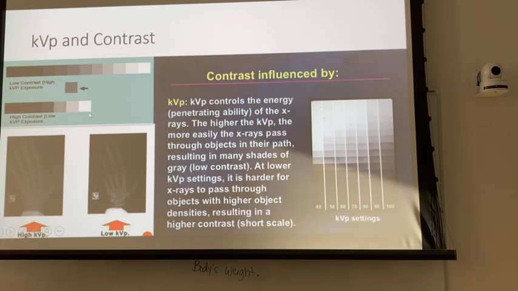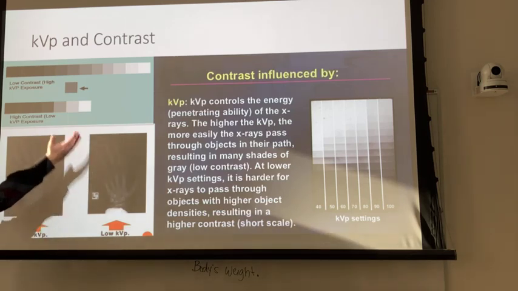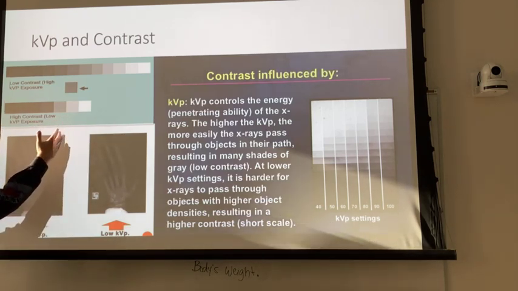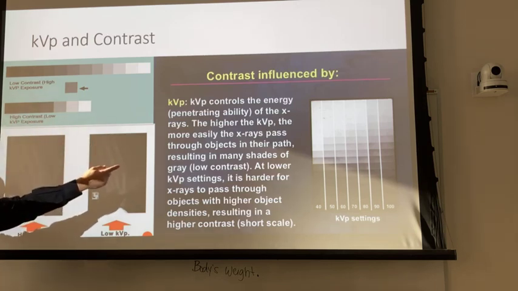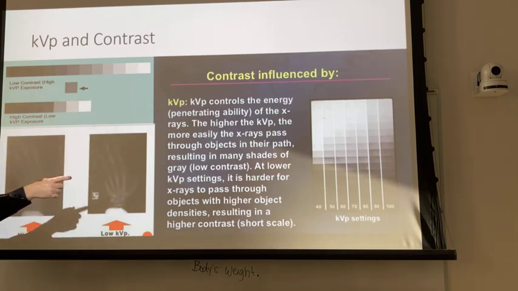So this is a graphic representation of everything that we've talked about in contrast. So high contrast means short grayscale, right? Low contrast is long grayscale, right? Latitude, also long grayscale.